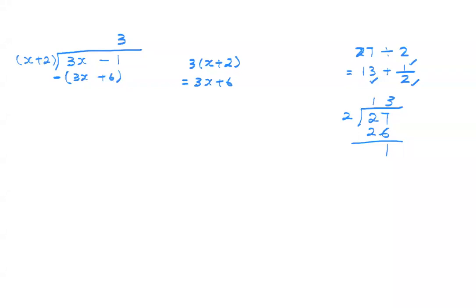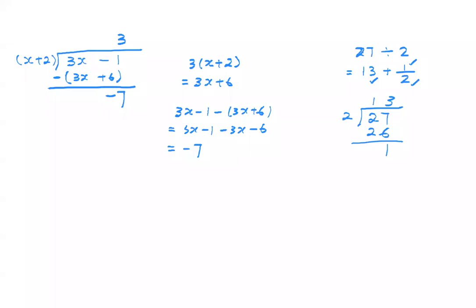Mathematically, it will be 3x minus 1, take away 3x plus 6. So it will be 3x minus 1 minus 3x minus 6. So it ends up with negative 7. Are you clear? So the remainder is negative 7.